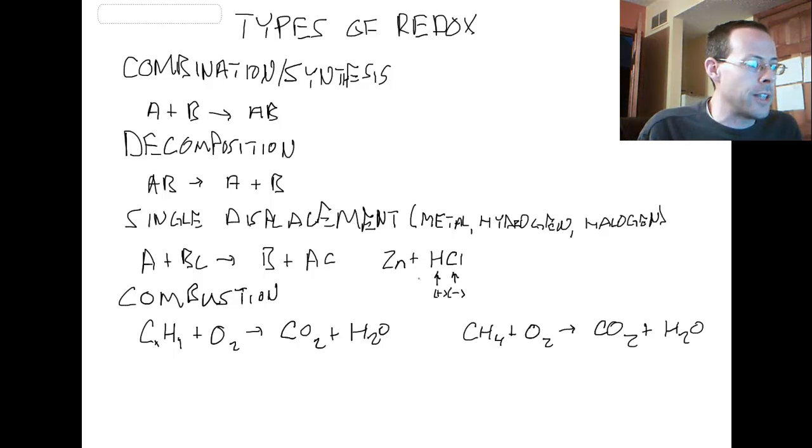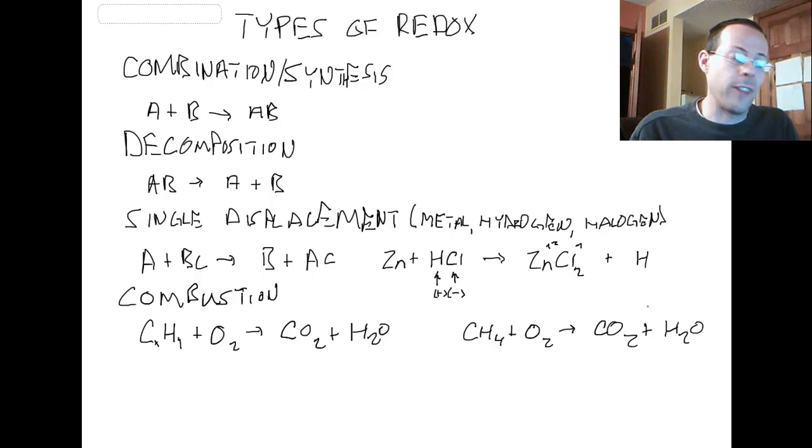So it's going to replace the hydrogen. Over here on this side, we're going to have zinc, and now it's with chlorine, so we'll call that zinc chloride. Remember that zinc is always a +2, chloride is always a -1, so they're in a 1:2 ratio, so we have to put a 2 here as a subscript. Then we also get hydrogen, and it's now by itself. But we're not going to write hydrogen like that. It's one of our diatomic molecules, so it gets written H2.